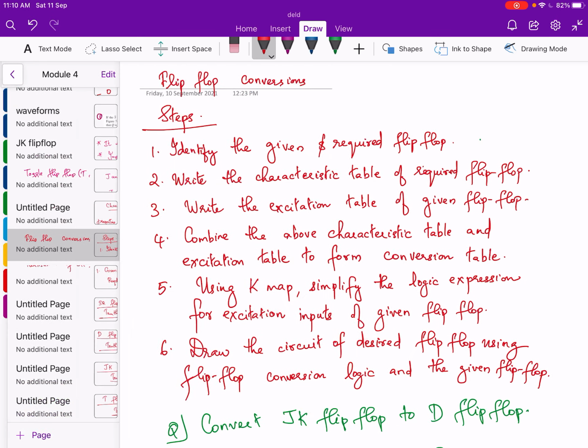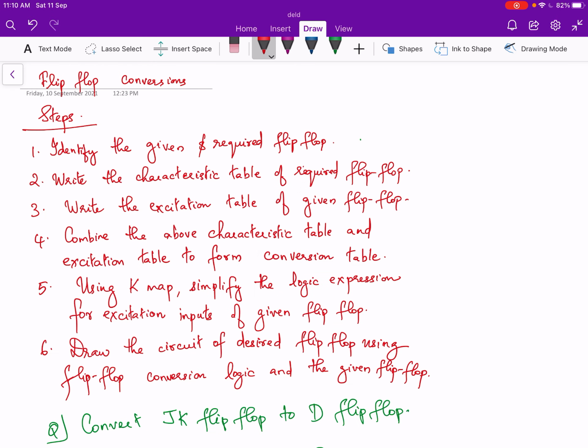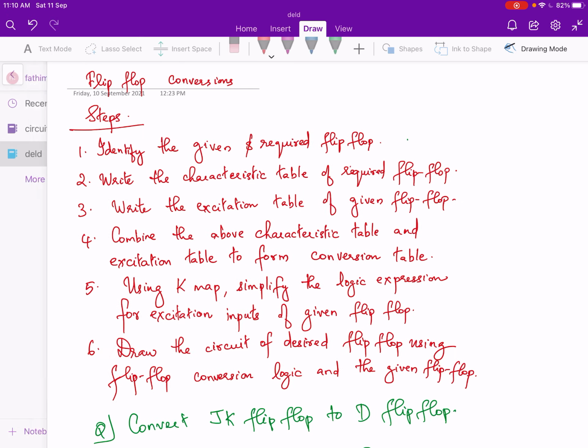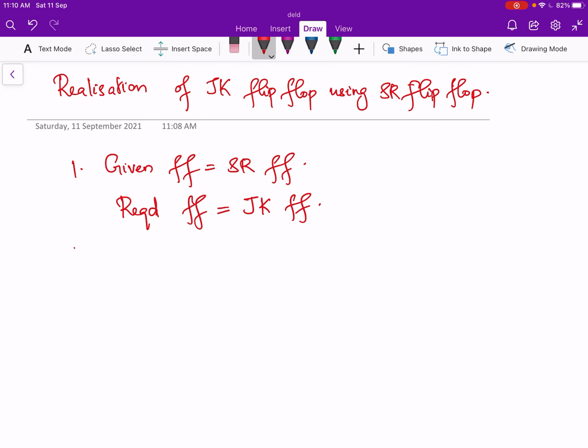Now the second step is to write the characteristic table of the required flip-flop. So we have to write the characteristic table of JK flip-flop.